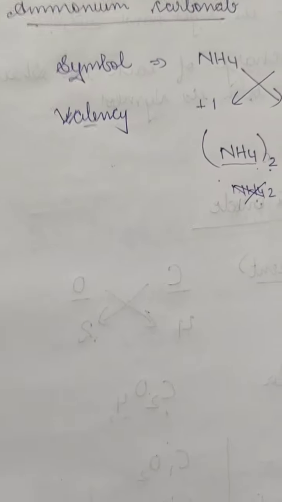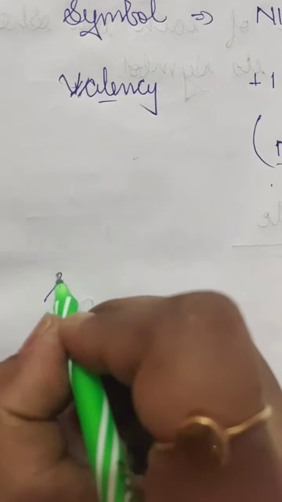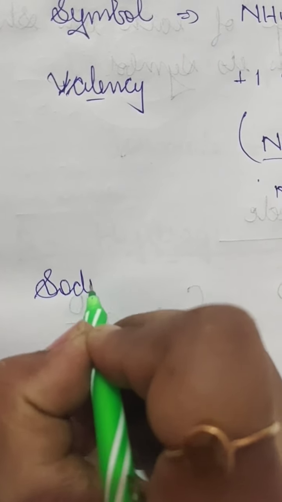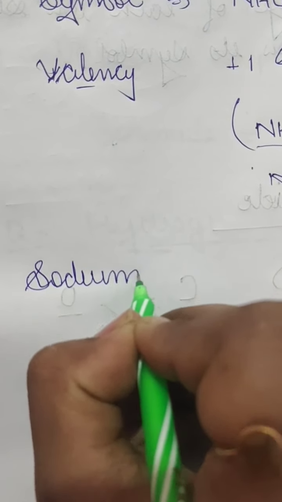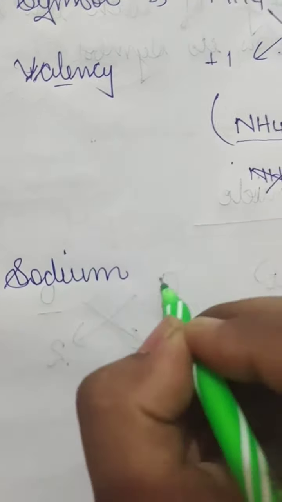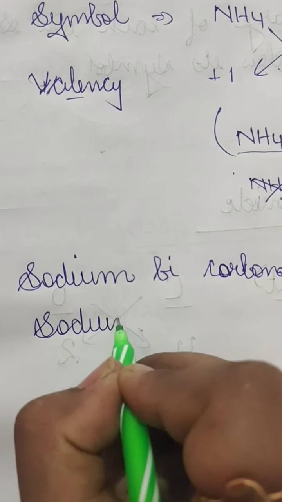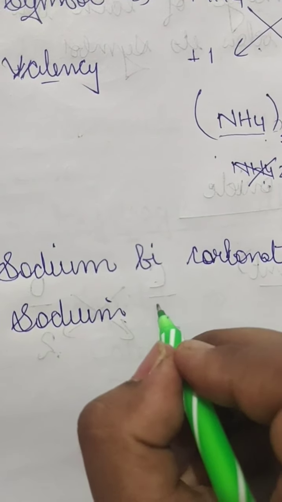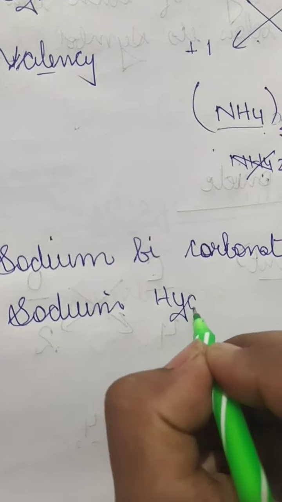Like we take the example of sodium bicarbonate. Sodium bicarbonate is very common, which is called baking powder. It has one more name, a common name: sodium hydrogen carbonate.